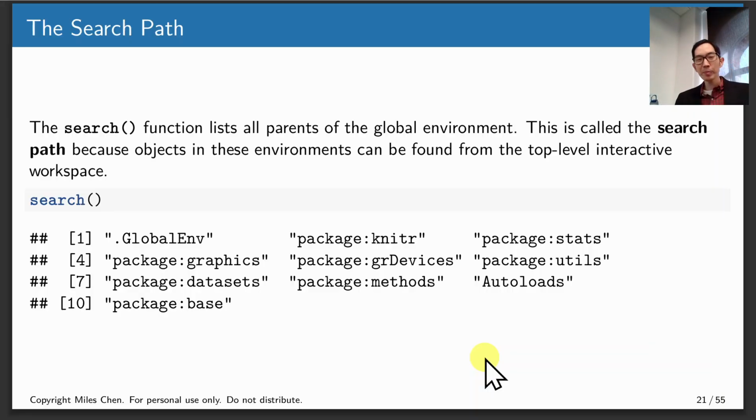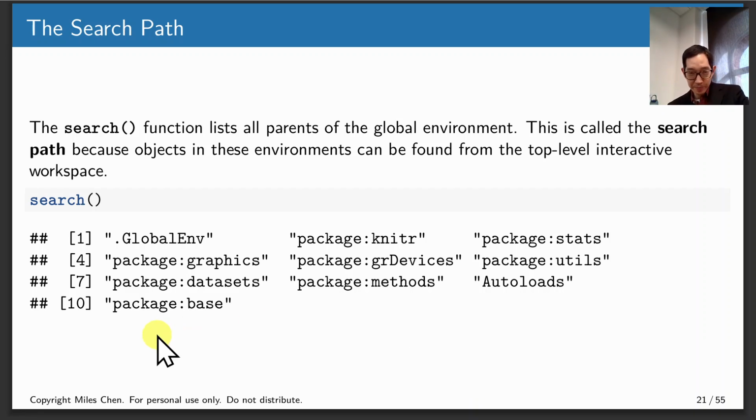If you type search, this lists all of the parents of the global environment, and this is called the search path, because objects in these environments can be found from this workspace.